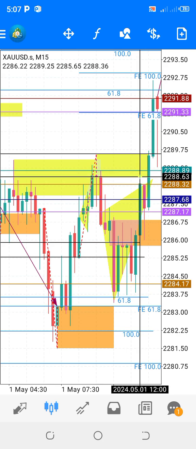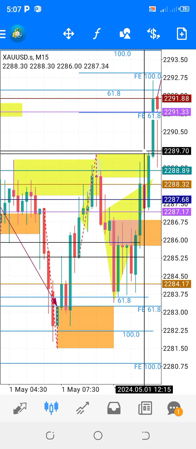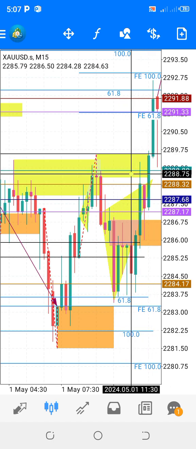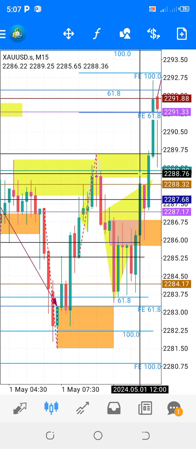Pick our first entry at one pip from the CROL, 2288.74. Then the second entry will be 2289.74. So no second entry, we'll pick our first entry, and that is our highest entry.